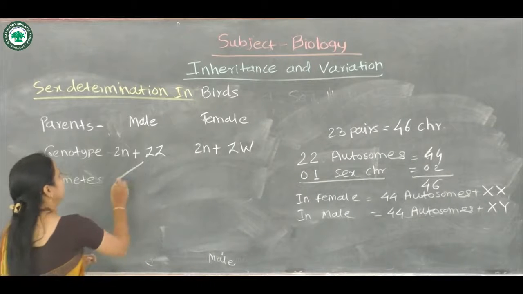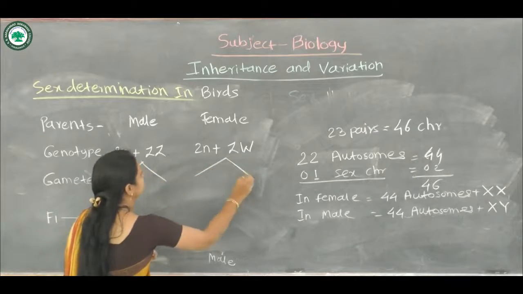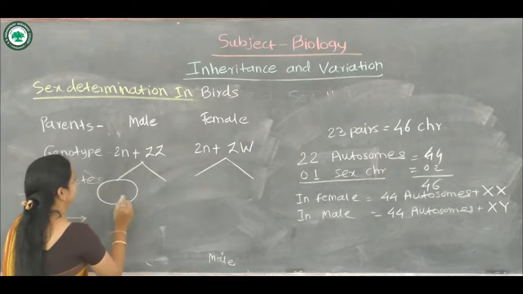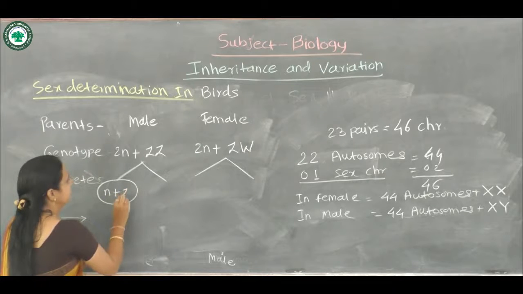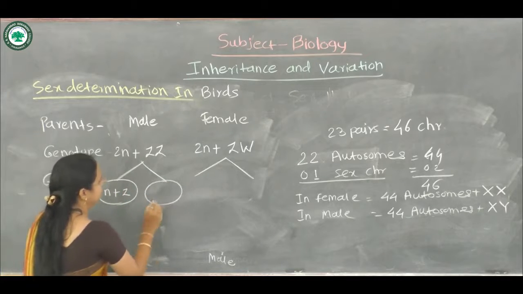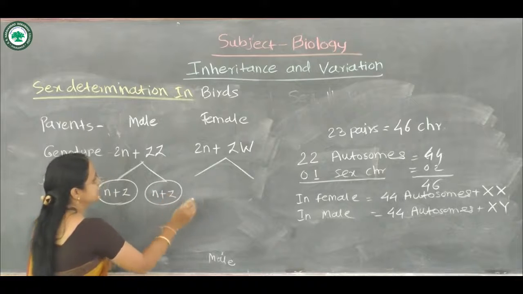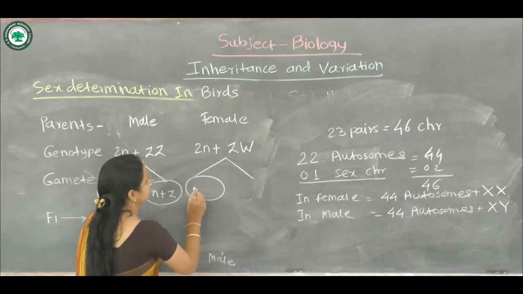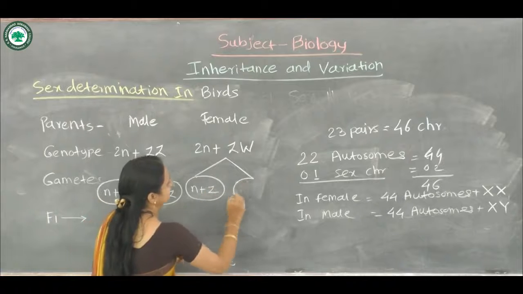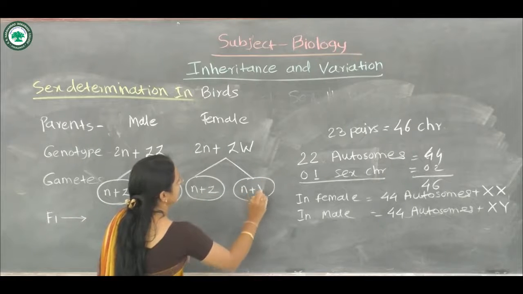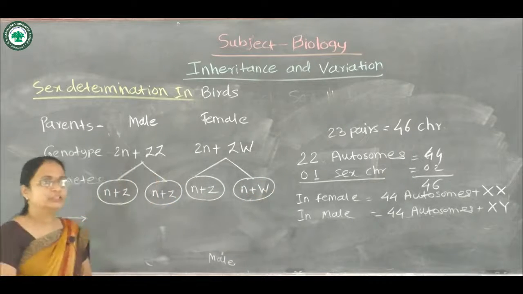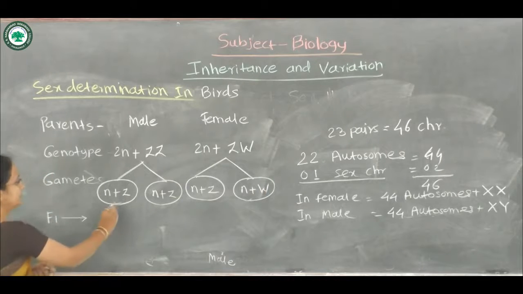You have to prepare the gametes: N plus Z, N plus Z, N plus Z, N plus W. These 4 gametes are formed.